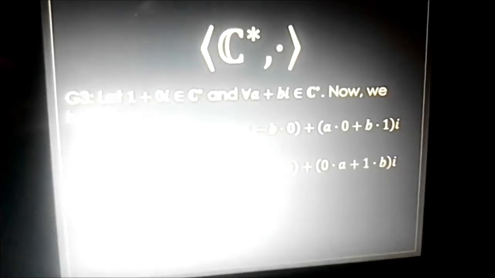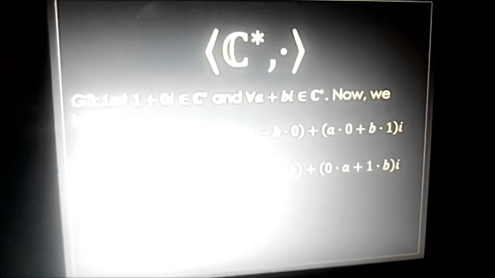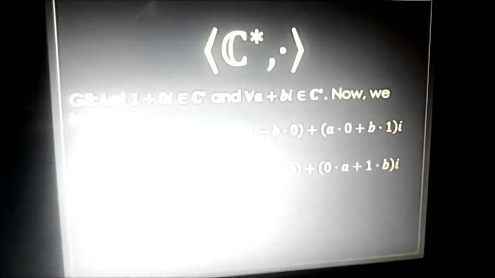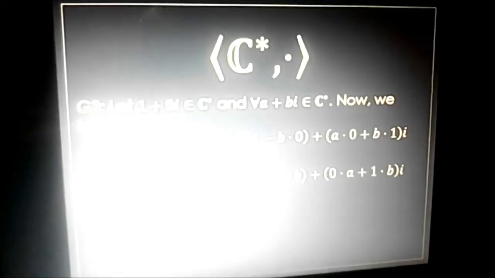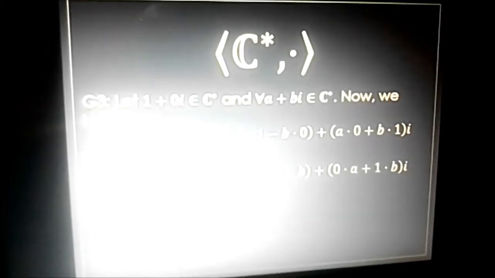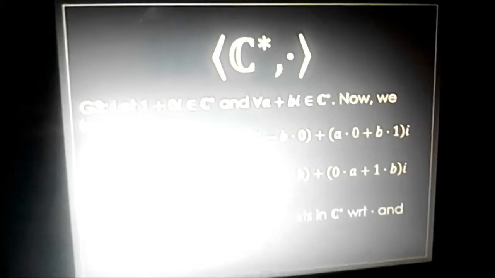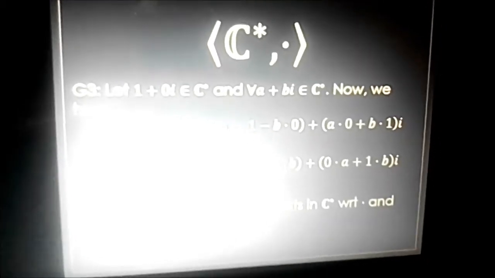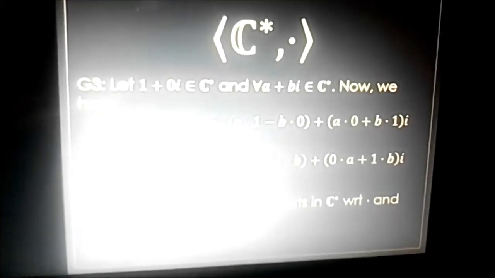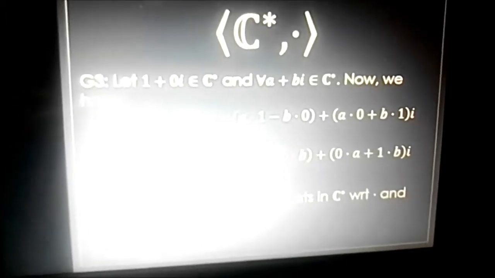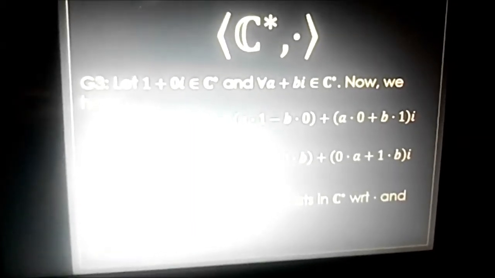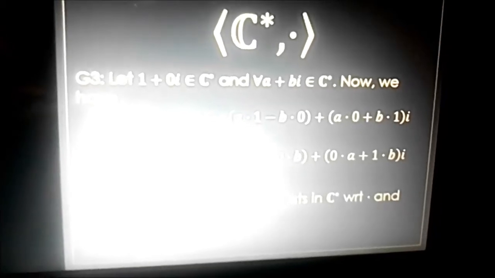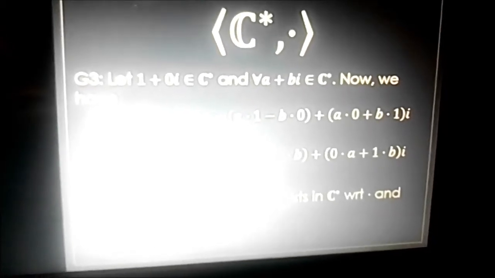So it is equal to negative 0 times b plus 0 times a plus 1 times b. Factor out i, which is just equal to a + bi. Hence, the identity element e exists in C star with respect to multiplication, the binary operation that we have, and e is equal to 1 + 0i as our identity element.